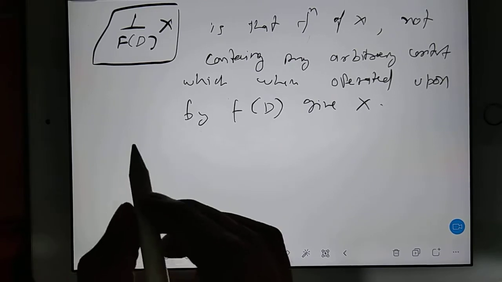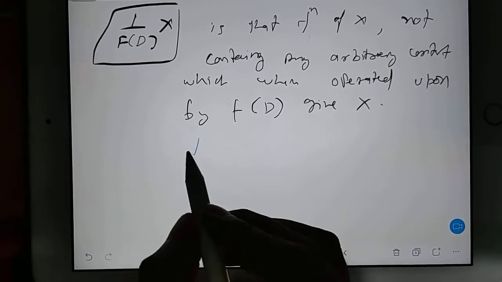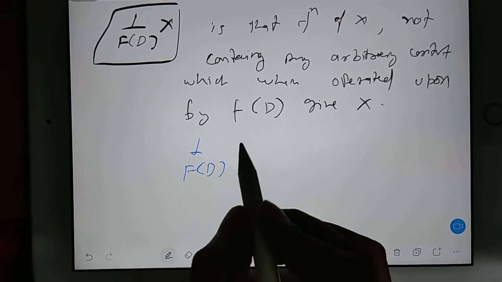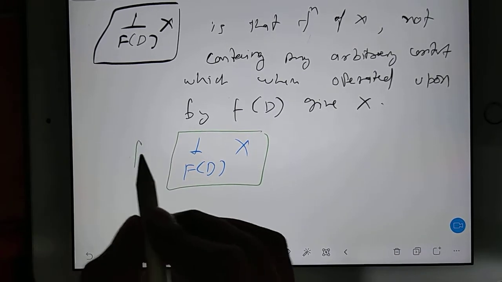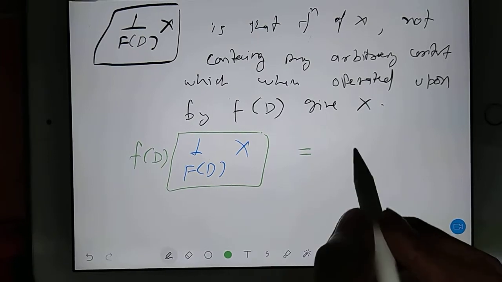It means if you have 1 by fd of this and you operate this function with fd, it will give you x.